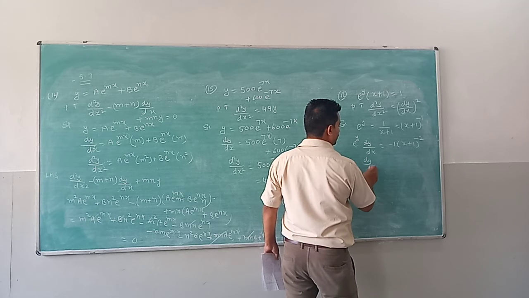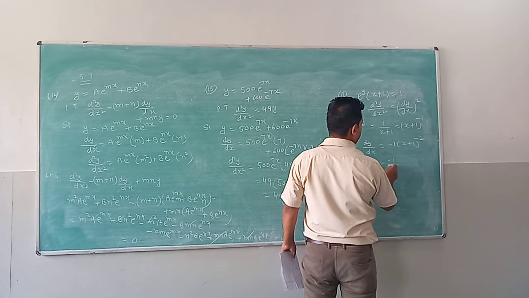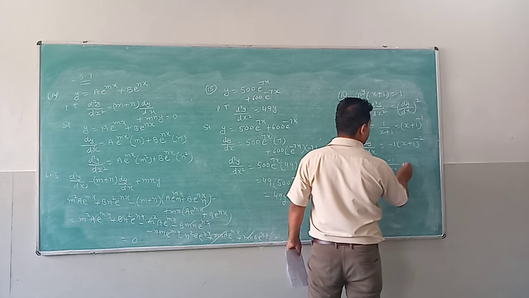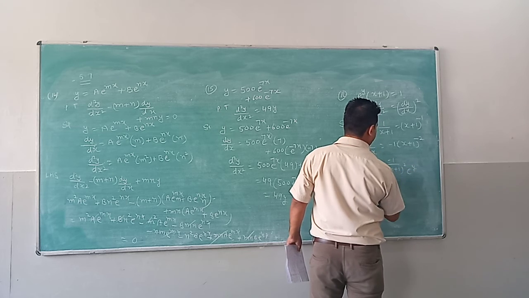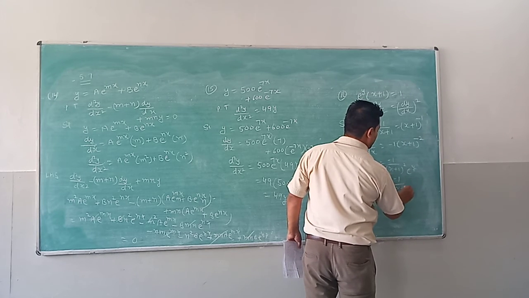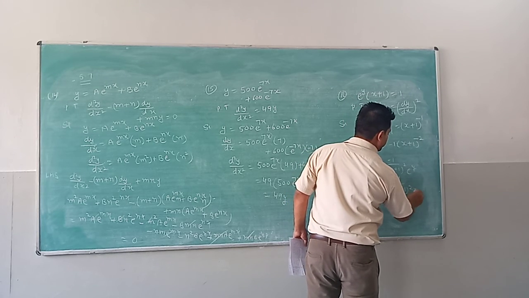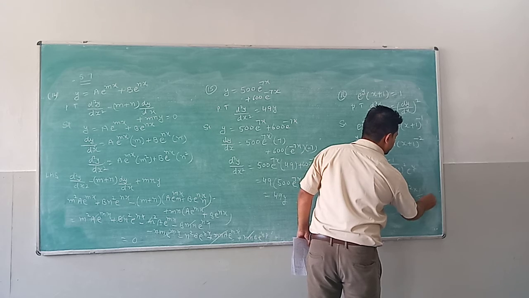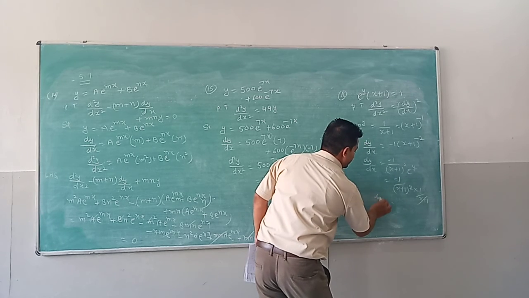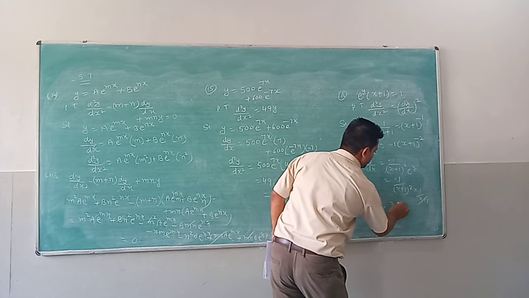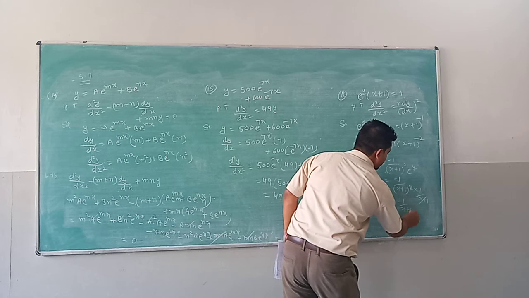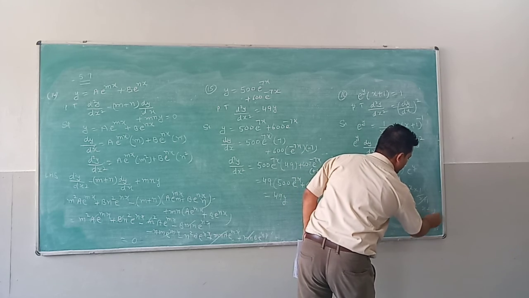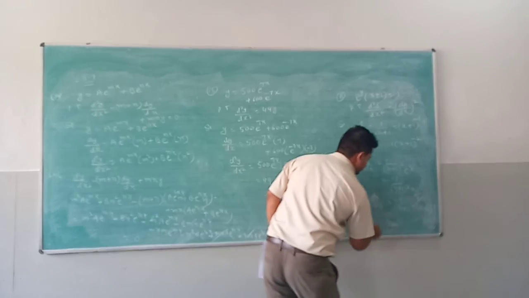So dy upon dx is minus 1 upon (x plus 1) whole square e power y. When we put the value of e power y, that is 1 over x plus 1, this cancels out. So dy upon dx is minus 1 over x plus 1, which is (x plus 1) whole power minus 1.